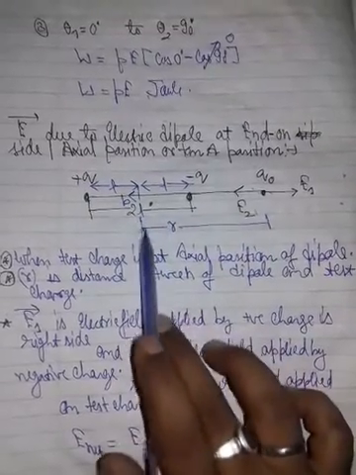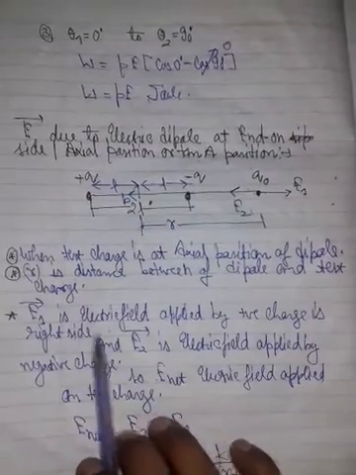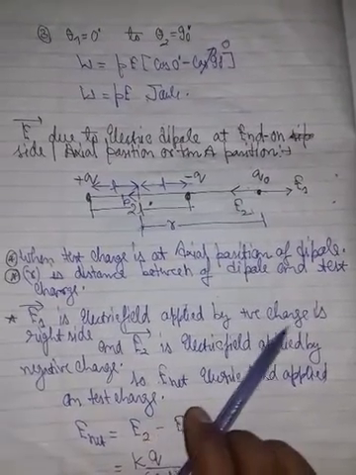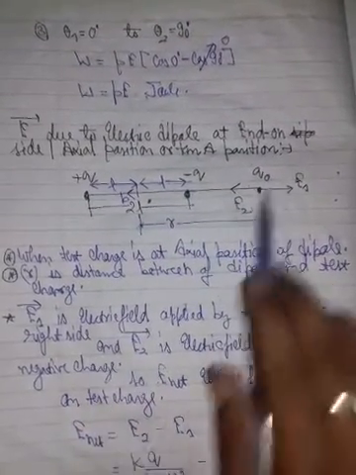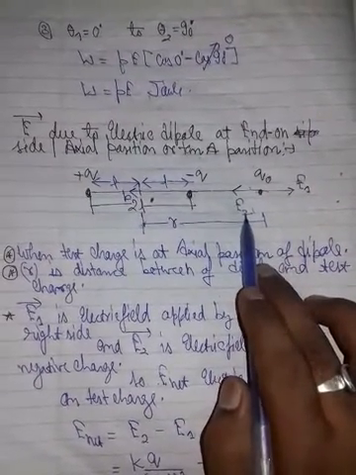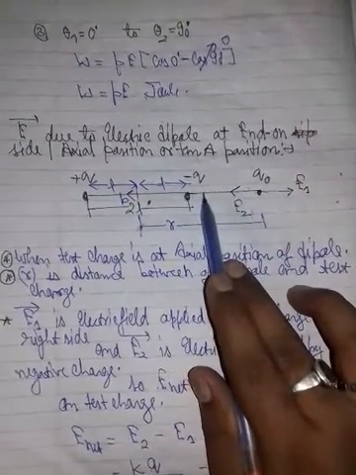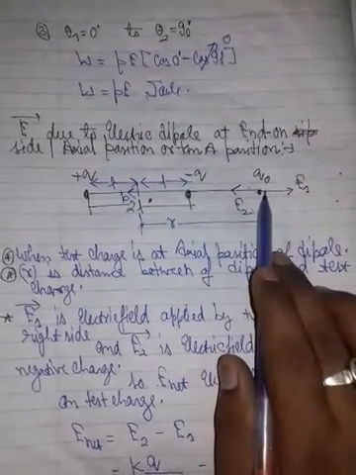It is the midpoint of the dipole. E1 is the electric field applied by the positive charge on the right-hand side, and E2 is the electric field applied by the negative charge on the test charge.